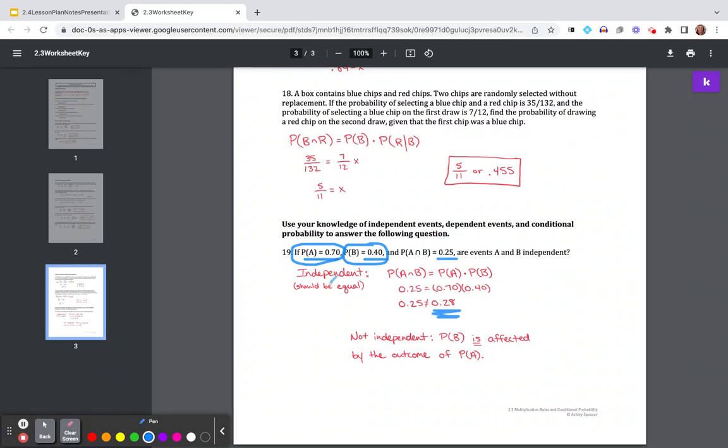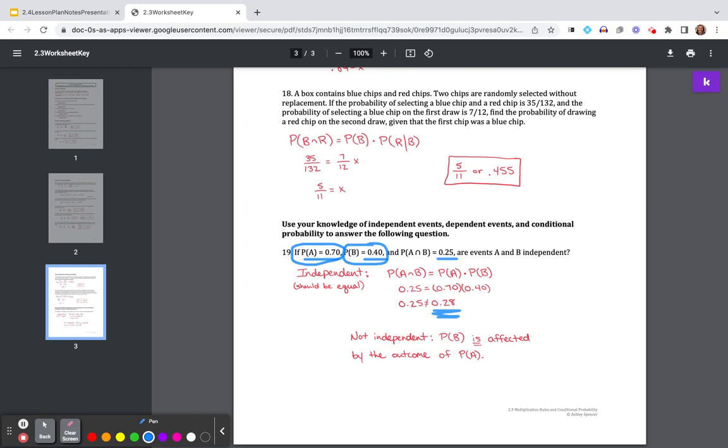So these are not independent, meaning that the events are dependent, because event B is affected by the outcome of event A. In other words, the probability of B would have changed given what already happened in event A.